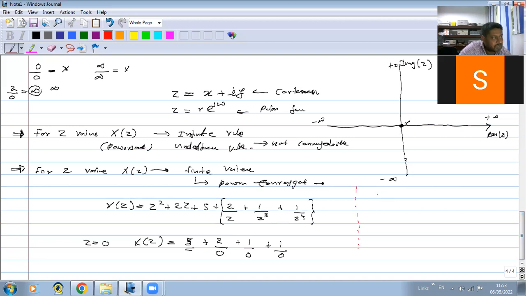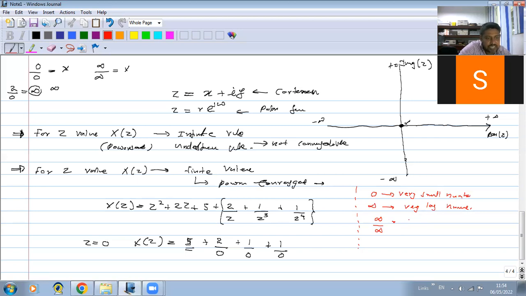How I think of it, I assume this 0 is a very small number, and infinity is a very large number. So let's say infinity divided by infinity. Here it is a very large number.